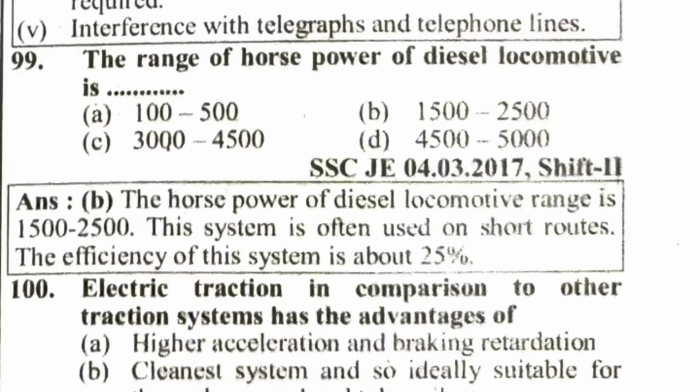The range of horsepower of diesel locomotive is 1500 से 2500.